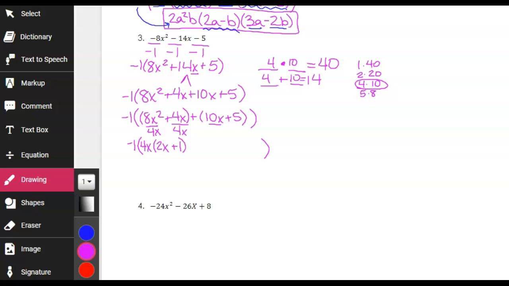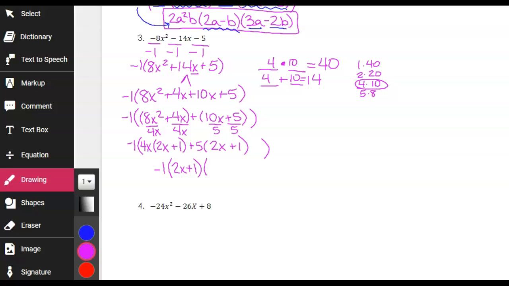In the second group, I can take out a positive 5. So I have plus 5 times what's left over, which is 2x plus 1. My negative 1 still sits out as my original GCF. 2x plus 1 is my shared factor.